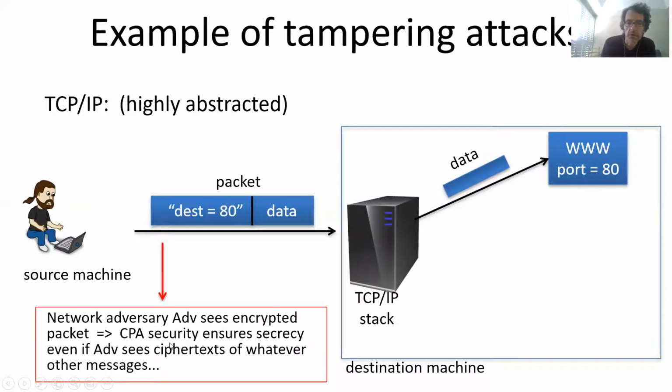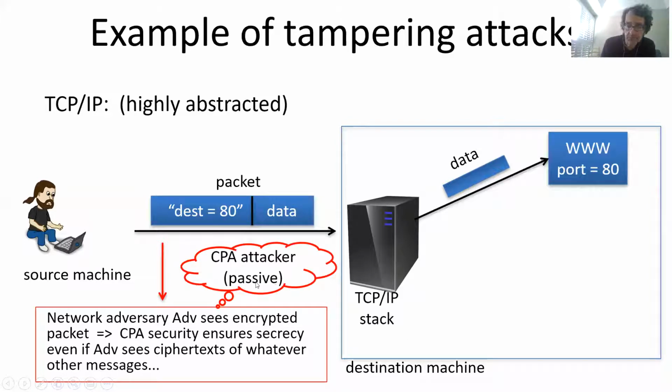Now, if this is a CPA secure encryption, this is like a box. The adversary doesn't know anything about the inside. He cannot distinguish an encryption of proper data from an encryption of some constants, so he cannot tell anything about the insides. But that's a passive attacker who just observes this. Let's say it's wireless, so by default you leak these sent messages, the ciphertexts that are on the wireless wire.